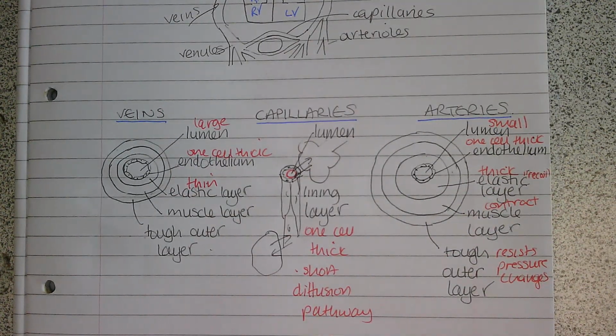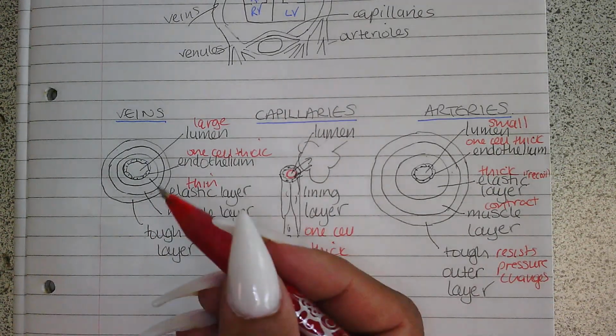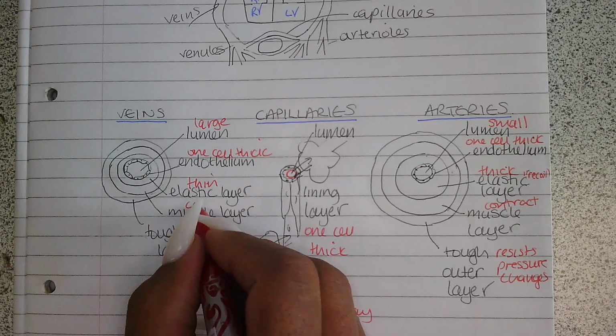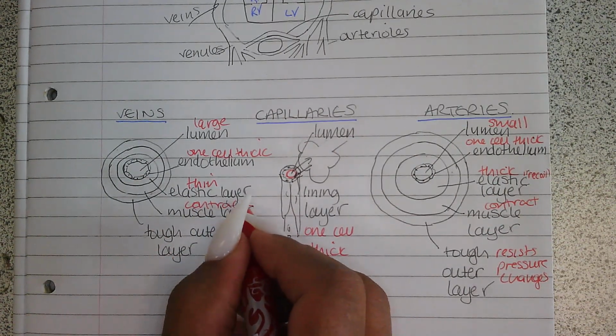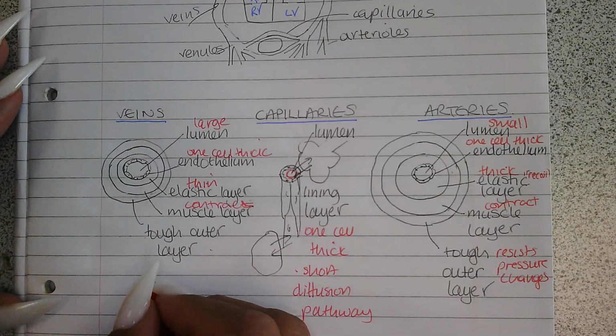And the reason is the amount of recoil needed is a lot less because by the time the blood has got to the veins, the pressure of the blood has reduced. So we don't need to withstand all that pressure like the arteries do. So for that reason, the veins will have a thinner elastic layer. The muscle layer can still contract. And the tough outer layer is there to resist pressure changes.